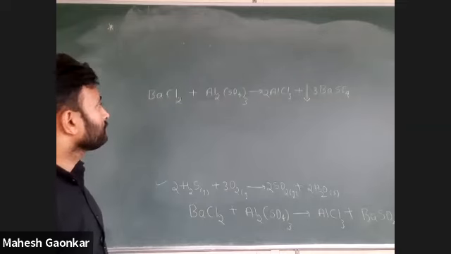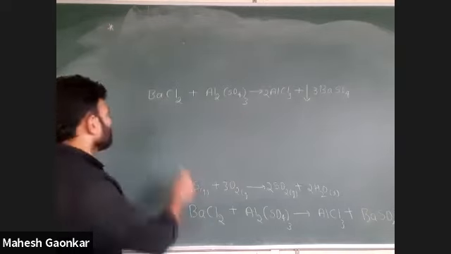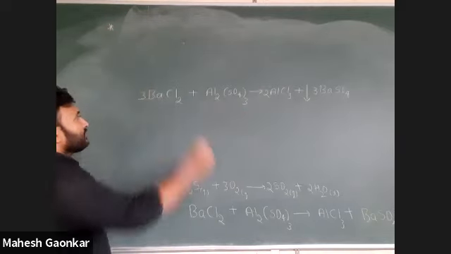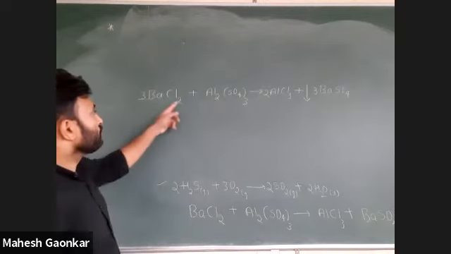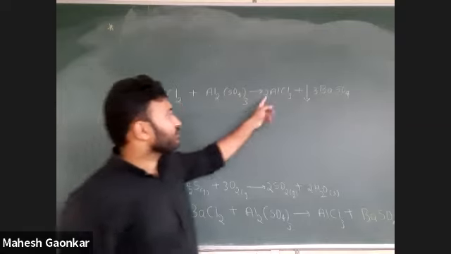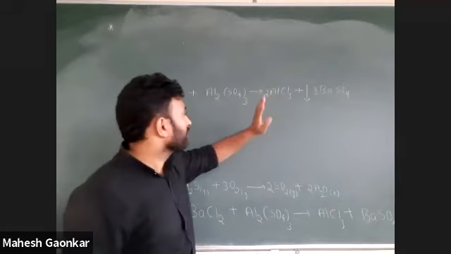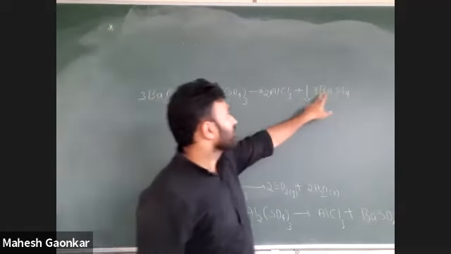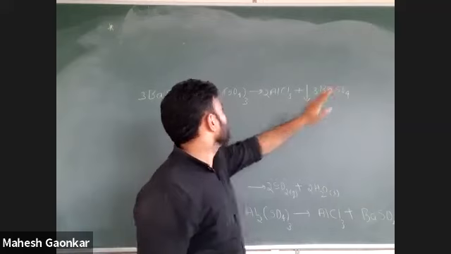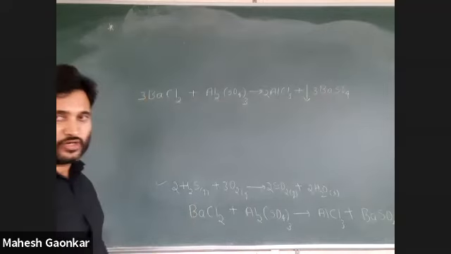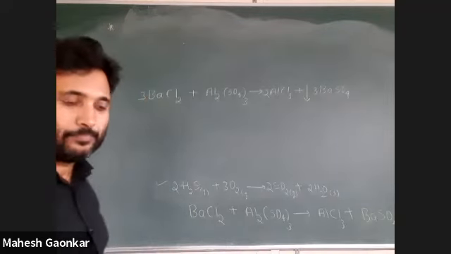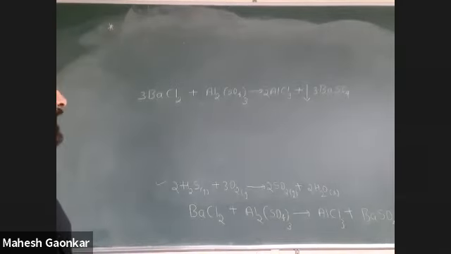Right? 3 Ba is there, so here it should be 3 BaCl2. 3 2s are 6 chlorine atoms, and here also 2 3s are 6 chlorine atoms. 2 aluminium, 2 aluminium. SO4 thrice, 3 SO4. 3 Ba, 3 Ba. Yes, it is balanced, right? Yes, sir. Great.